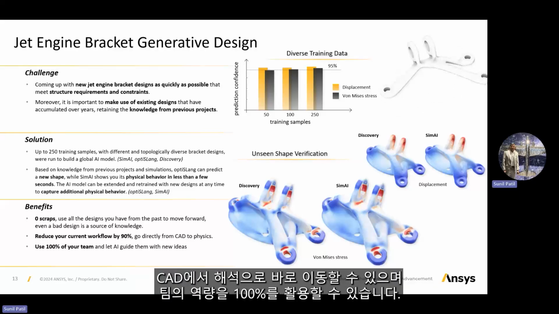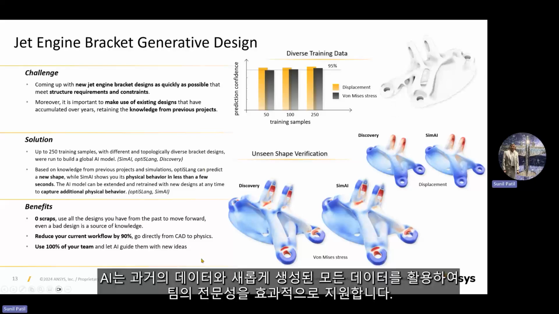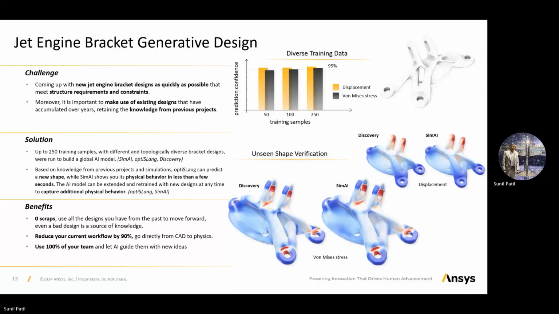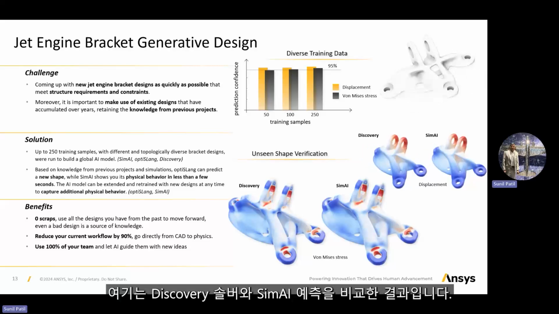You can go directly from CAD to physics, and you can use 100% of your team, letting AI guide the expertise of your team along with the knowledge from all the past and newly generated data. And here you're looking at a comparison of the SimAI predictions with the predictions from the Discovery solver.